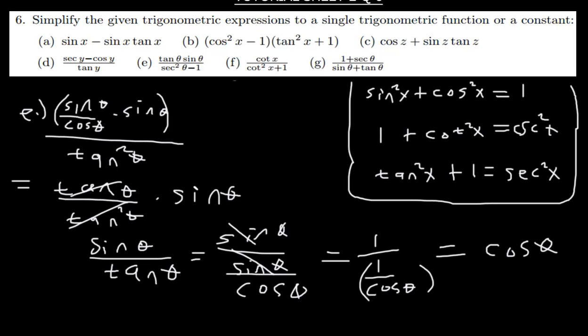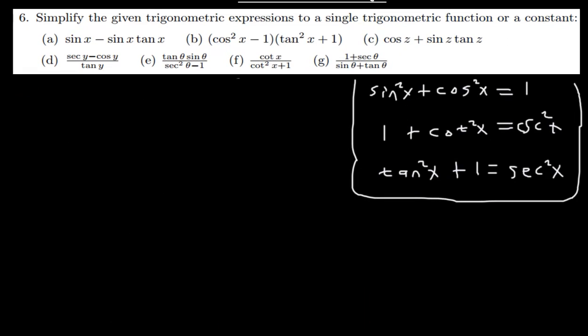We move on to F. So F is cot theta, and then everything over cot squared plus 1. Cot squared plus 1 is just the same as cosec squared theta.